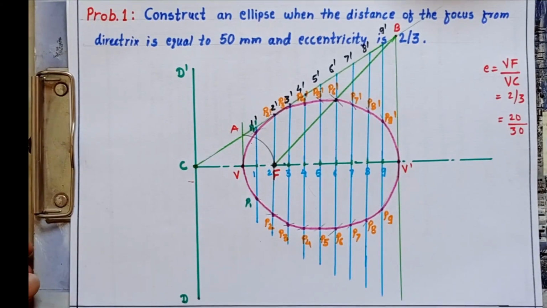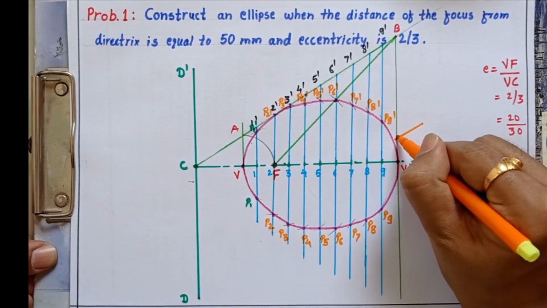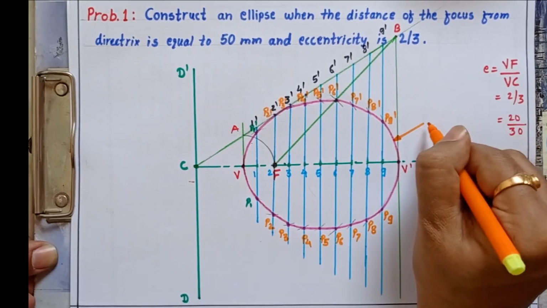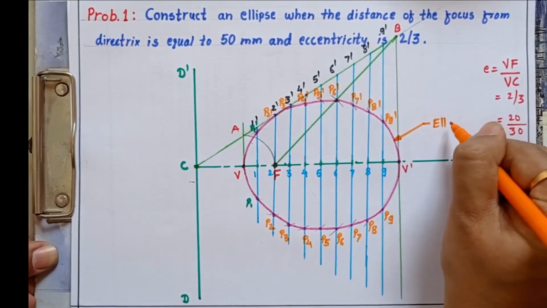So it is an ellipse which is constructed by means of the directrix focus method. We do the naming for that ellipse. This arrowhead shows it's an ellipse.